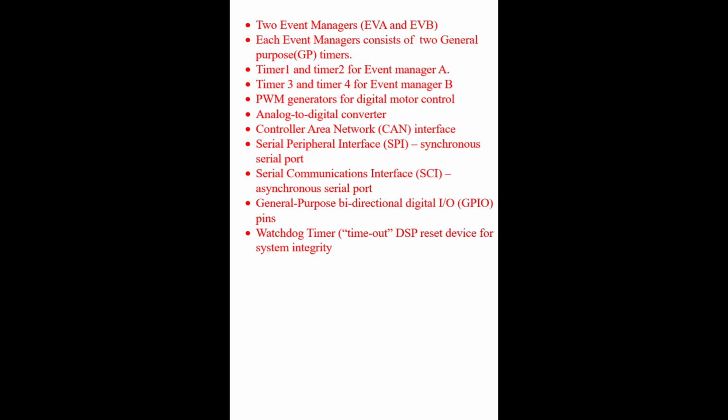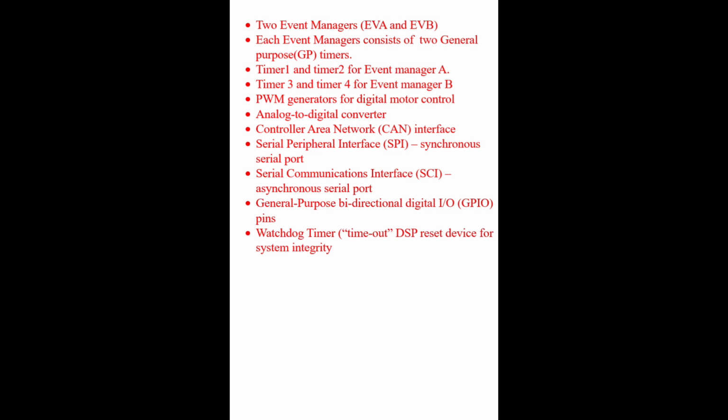Digital motor control means we have to give various triggering pulses to the converter to control the digital motor, its speed or torque, anything. If you want to control it, a converter or controller has to be placed.